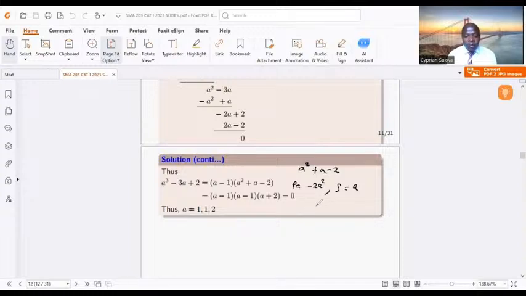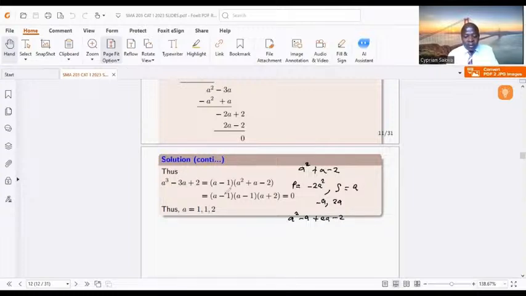That means those two values are negative A and positive 2A. So that you have A squared minus A plus 2A minus 2.